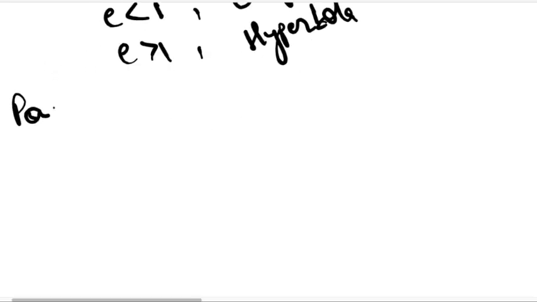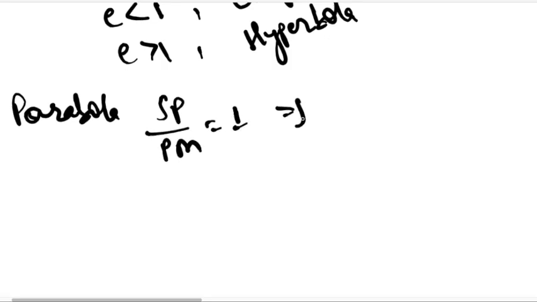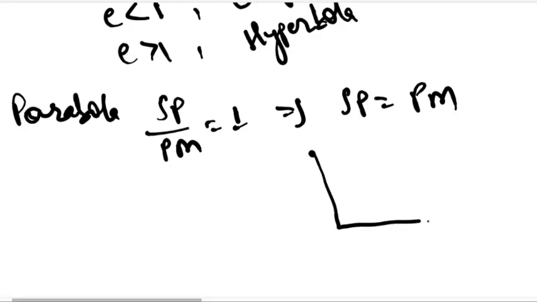Parabola: SP by PM equals 1 implies that SP equals PM. So the distance from a fixed point equals its distance from the line.